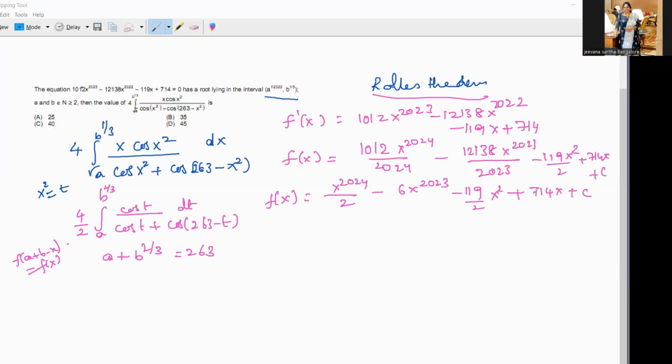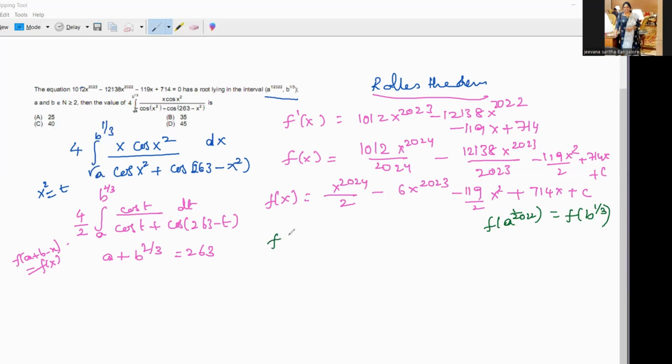As per Rolle's theorem, we need to verify the condition that the function values at the endpoints are the same. That is, f of a raised to 1 over 2022 should be equal to f of b raised to 1 over 3 for a root to lie in this interval.